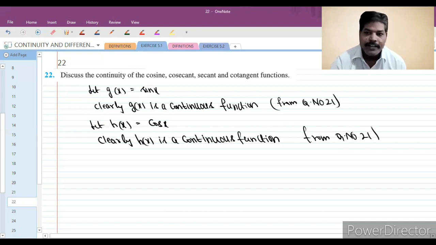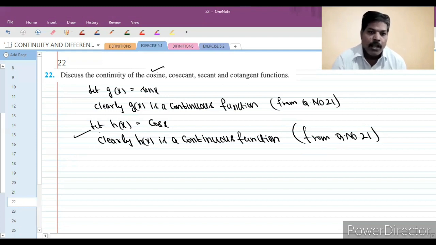We have to write the proof of this one also. So first I am taking g of x is equal to sin x and h of x is equal to cos x, and these two are continuous functions. So first we have to see the first question. Already the first question is over. Cosine is nothing but cos x. Cos x is a continuous function.